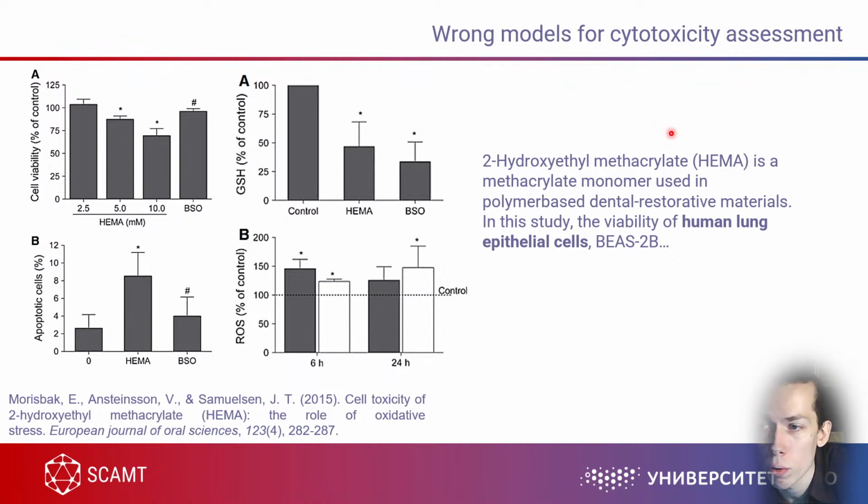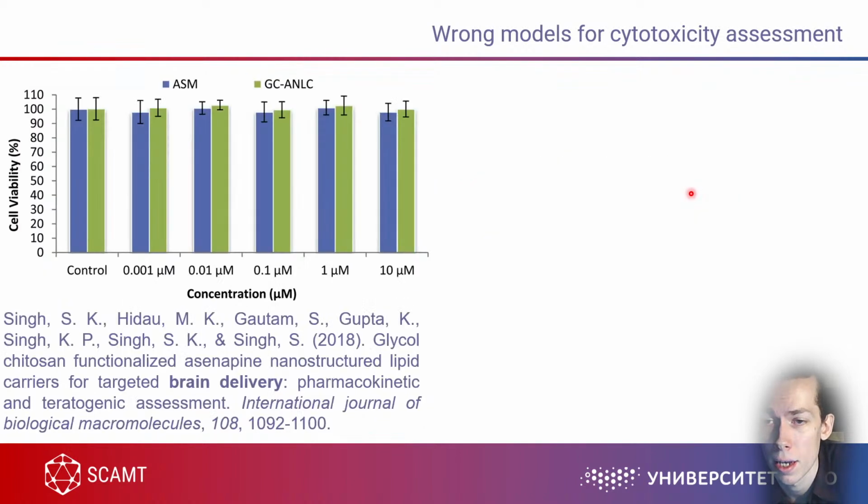But why not take some cells from the actual mouth? So some human mouth epithelial cells, I don't know. Probably because this was the closest one available in the laboratory. But it's obviously not the best option. It may be a good option, but not the best.